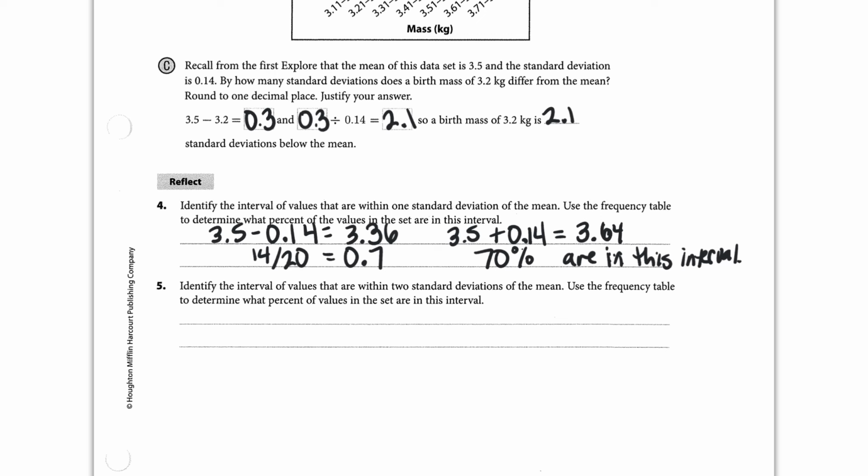Identify the interval of values that are within 2 standard deviations of the mean. Use the frequency table to determine what percent of values in the data set are in this interval. So we now need to subtract 0.14 twice.